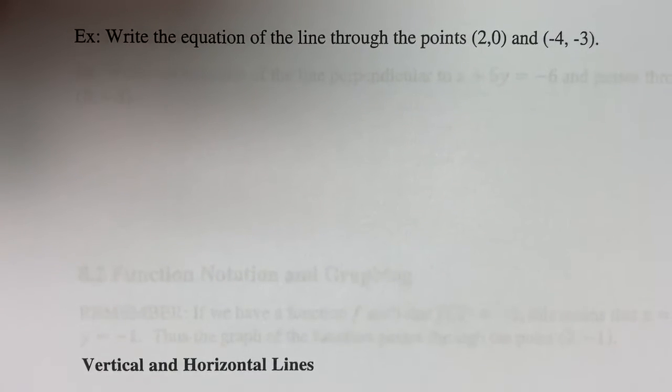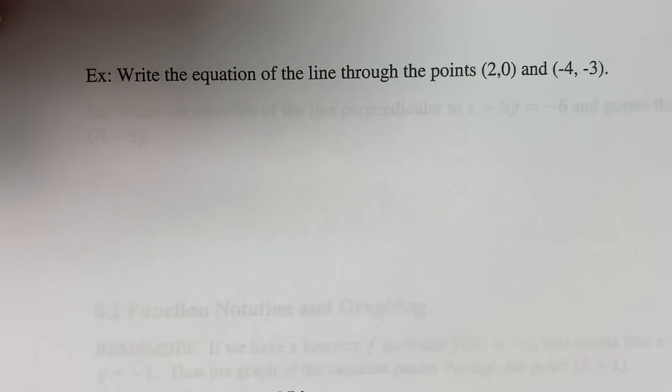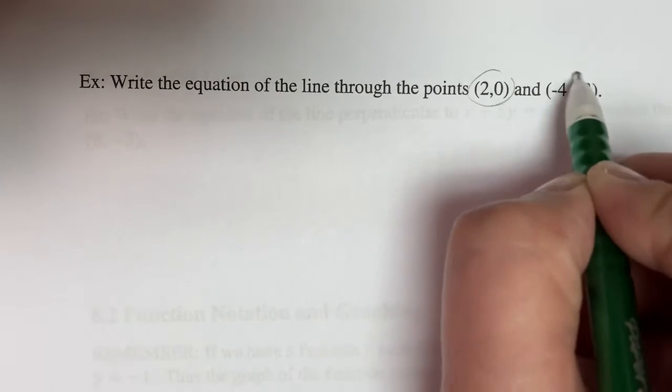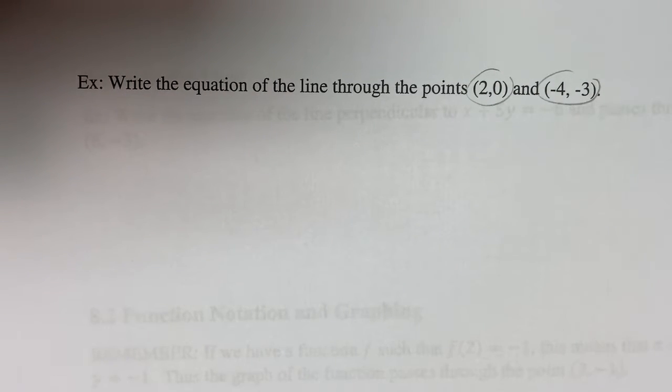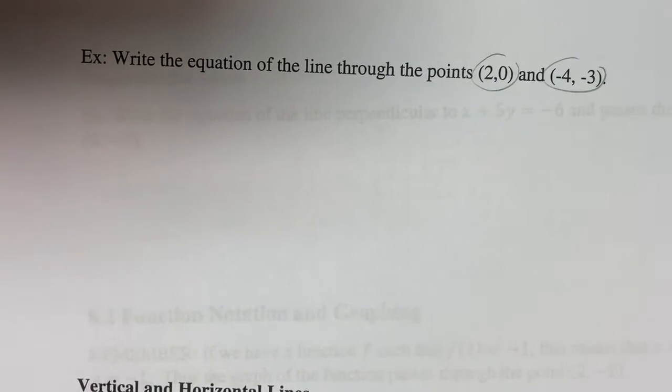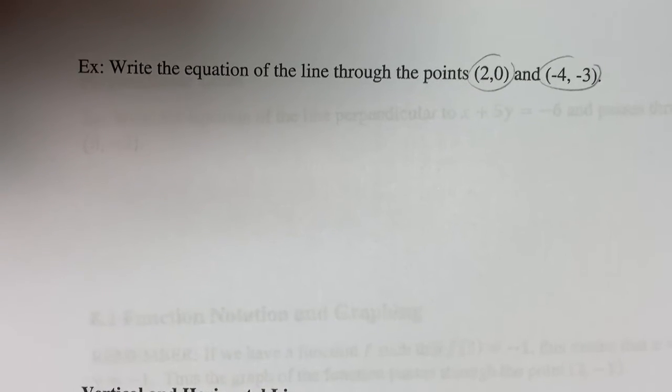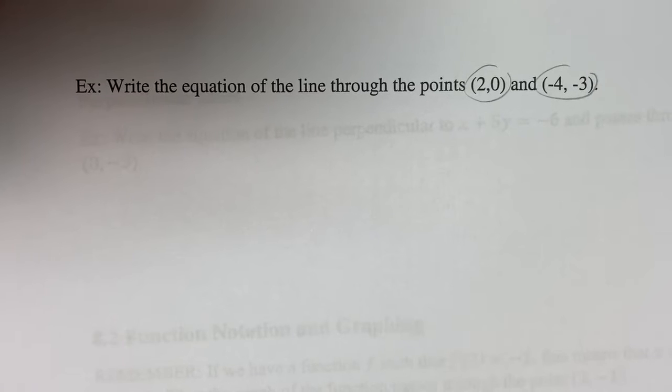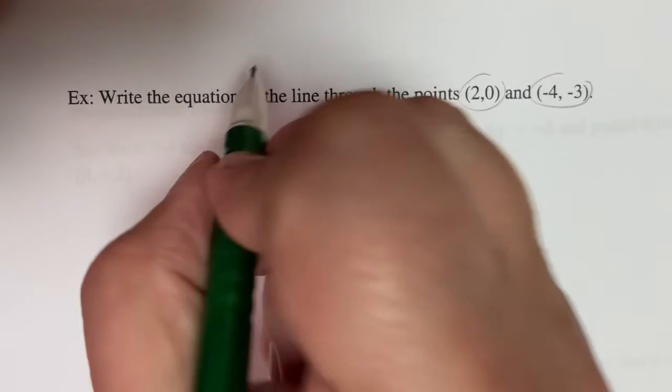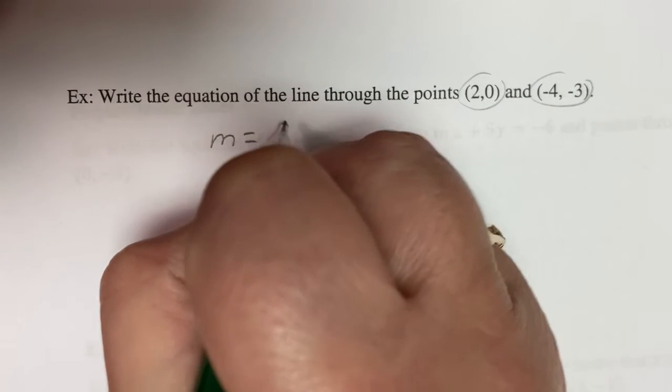Okay, so remember that. As we go through our next example, we're going to write the equation of the line that passes through these 2 points. Now, there are 2 things that you have to know to write the equation of a line: the slope and 1 point. So, one thing I don't know here is the slope, so I need to remind you of your slope formula.